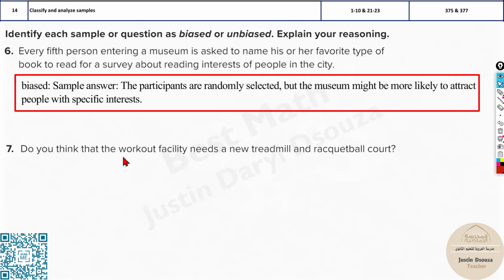Do you think that the workout facility needs a new treadmill and racquetball court? Now, here this would be really unbiased, but here look at this last two. Do you think the facility needs a treadmill and a racquetball court? Now, whenever you say, do you agree with me? Do you think like this? And you're telling two of the options, and it's not like or as well. You're not giving them a choice. You're telling this. So you're kind of pressuring them to say yes.